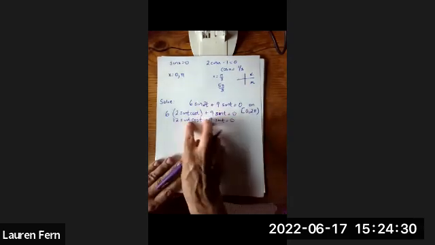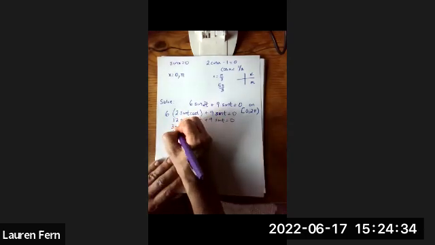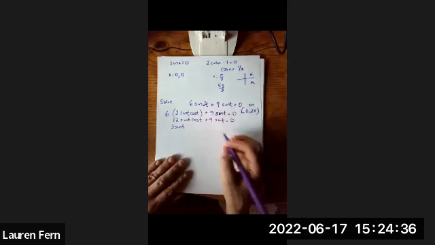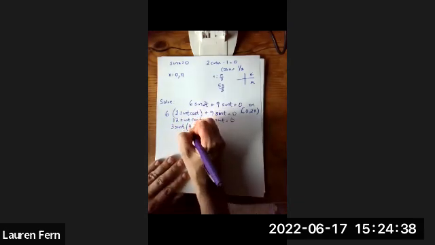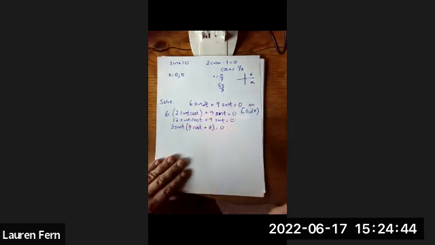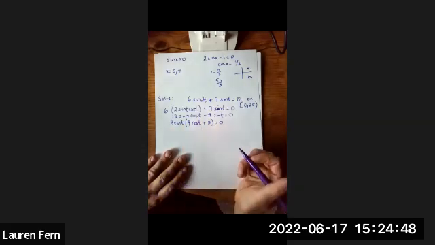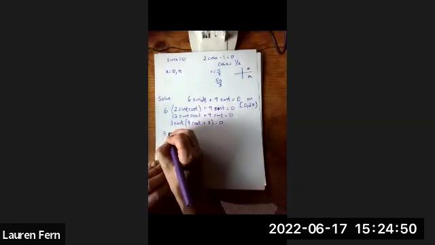And again, we've got two terms here. I claim we can factor out a 3 sine t. If I do that, I'm left with 4 cosine t plus 3 equals 0. Well, I have the product of two things equal to 0.